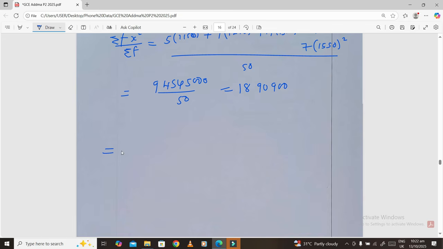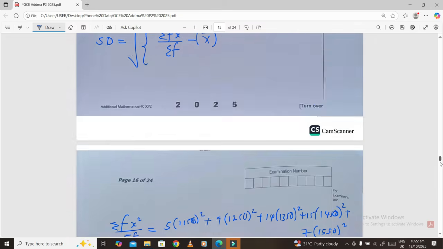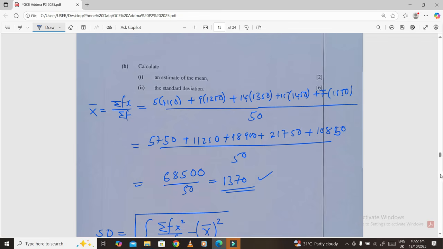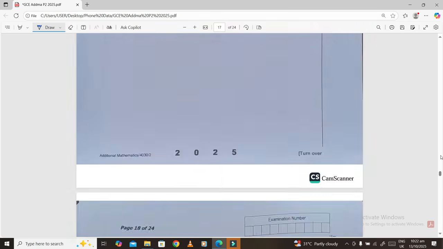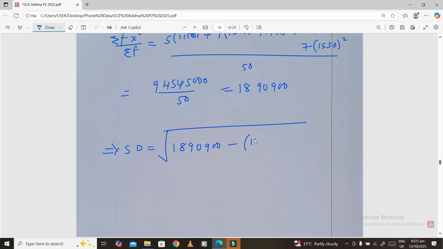So now we can say standard deviation is equal to the square root of what we've just found here minus the mean squared. The mean was 1370, so 1370 squared. This is coming out to be equal to 14,000.